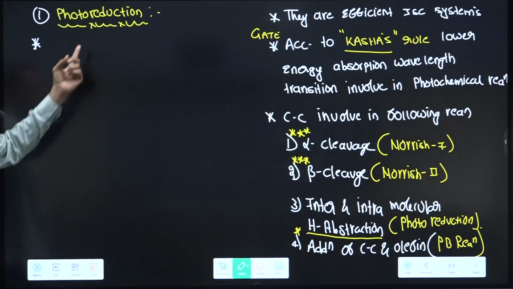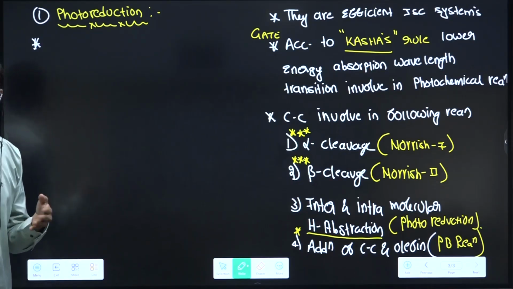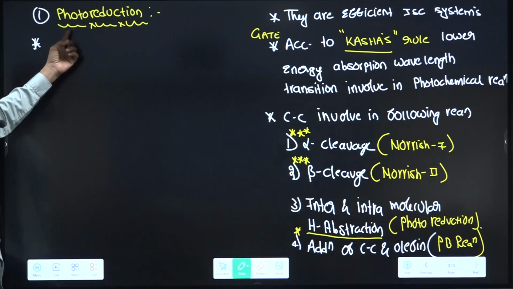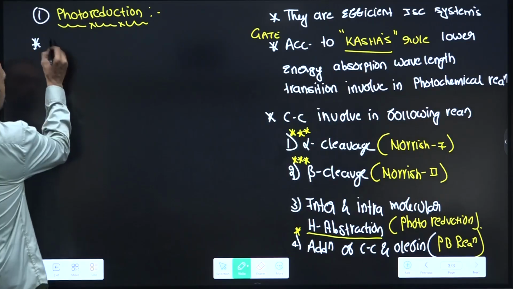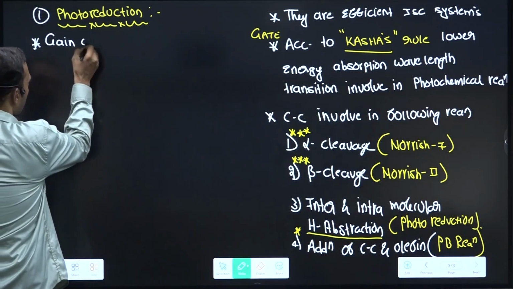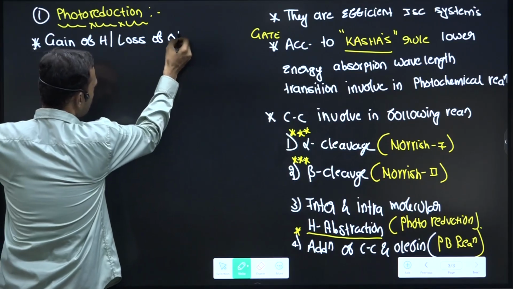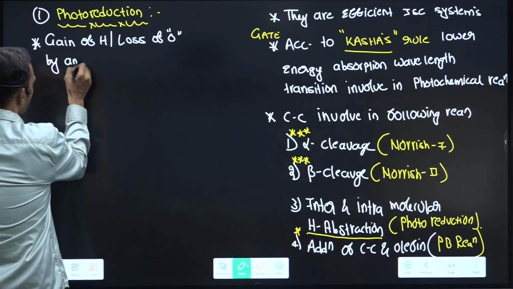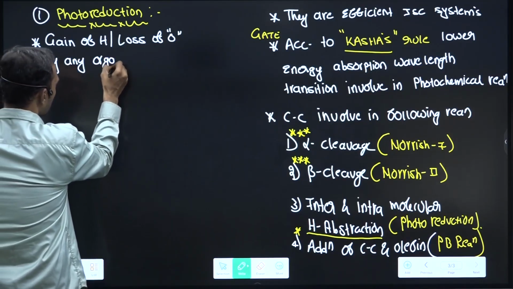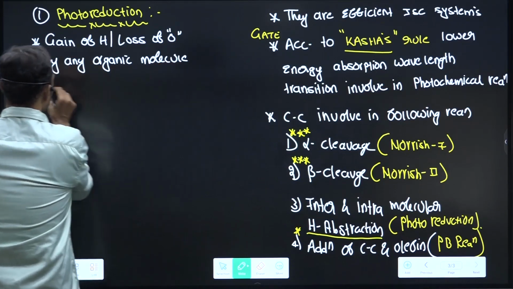So photo reduction is almost equal to thermal reduction. Both are same, but this reduction is carried out under light. That is the difference. Okay?